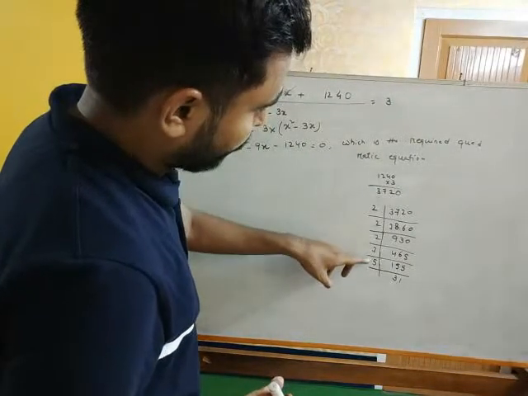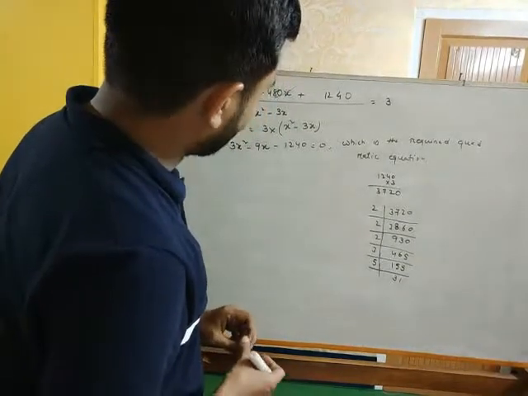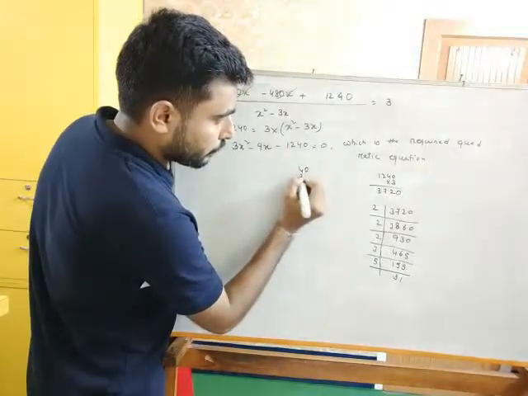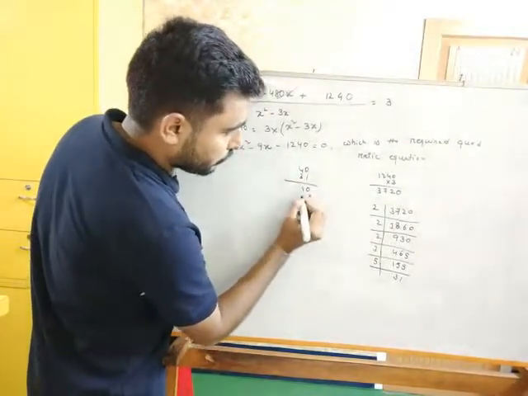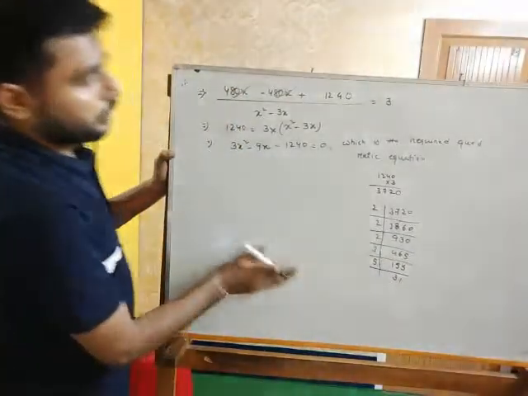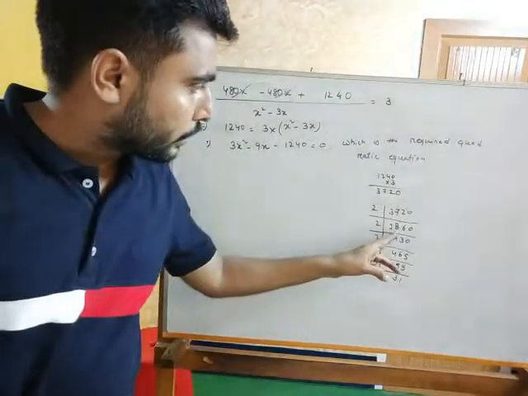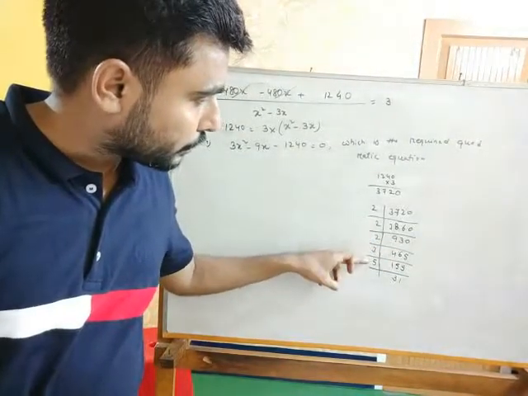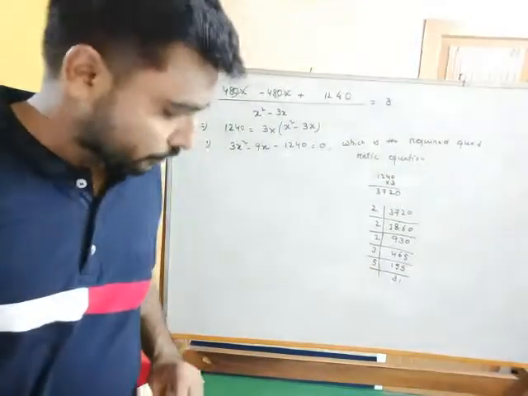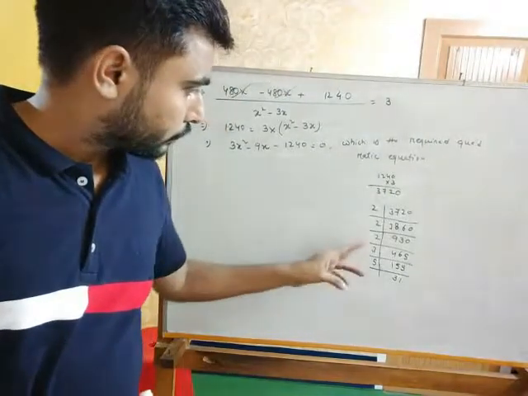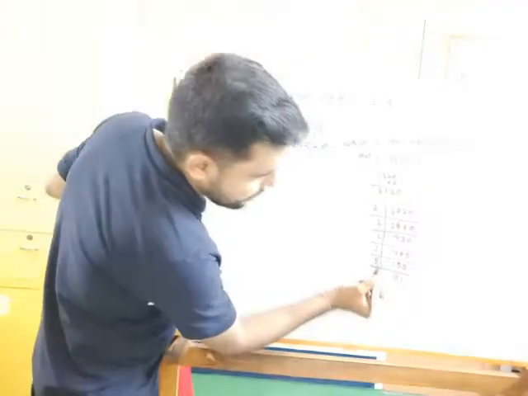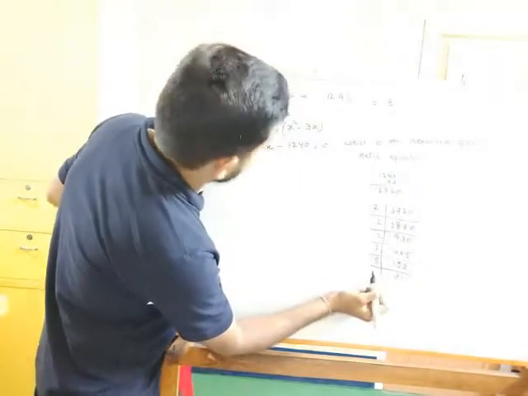So 8 into 5 is 40. 40 minus 31 is equal to 9.